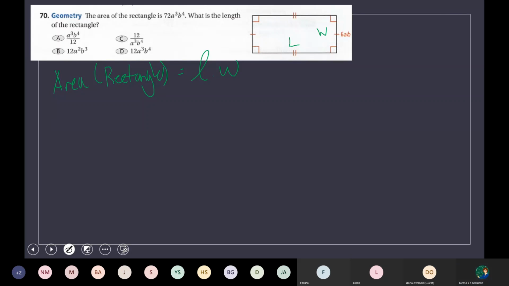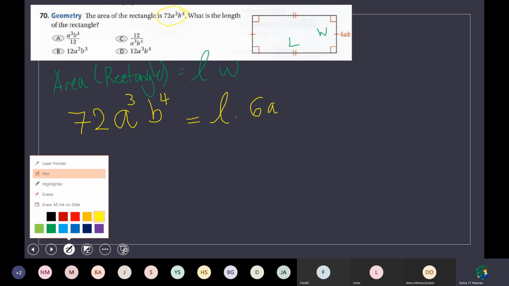Now, the area of the rectangle, he told me now that the area is 72 a cubed b raised to the power 4. It's given. And the length is unknown. And the width is 6AB.